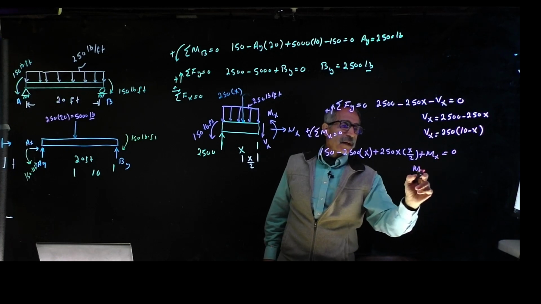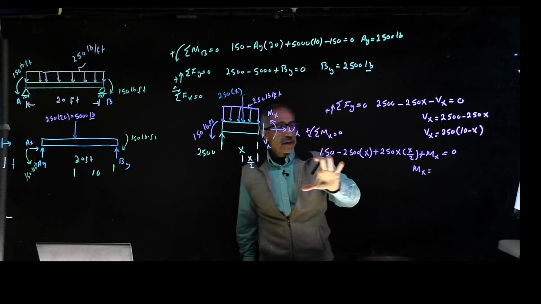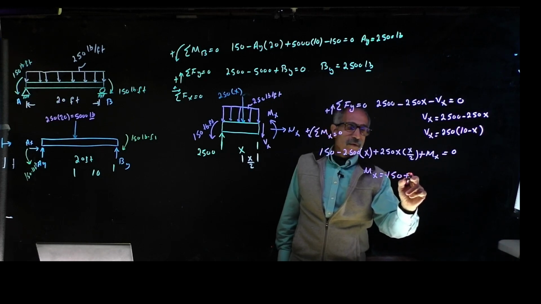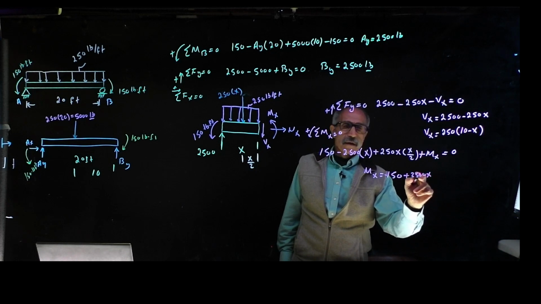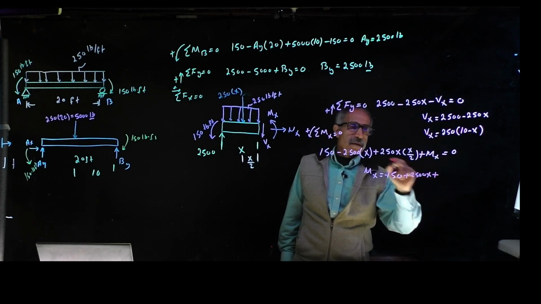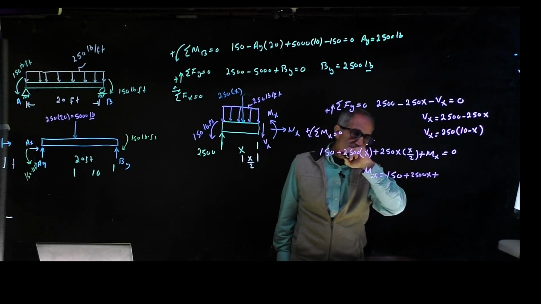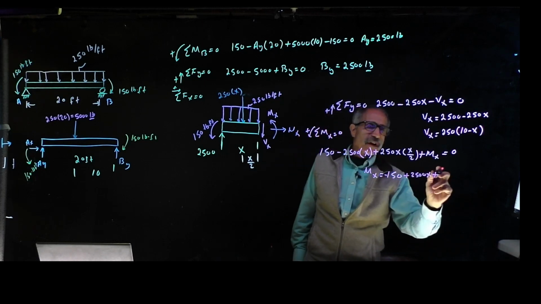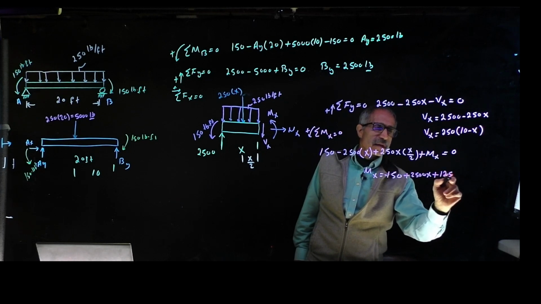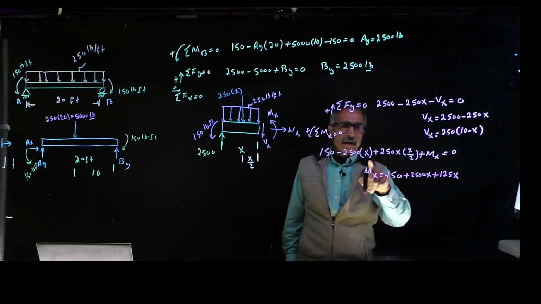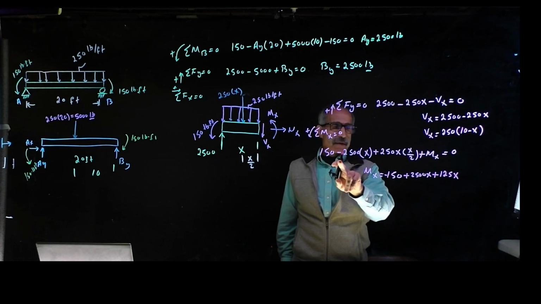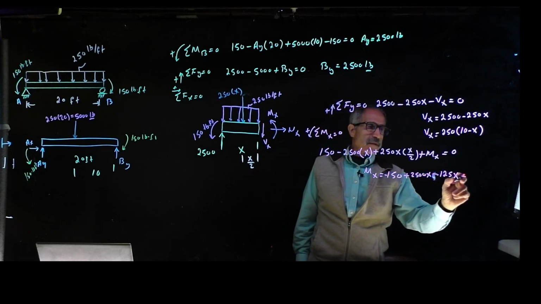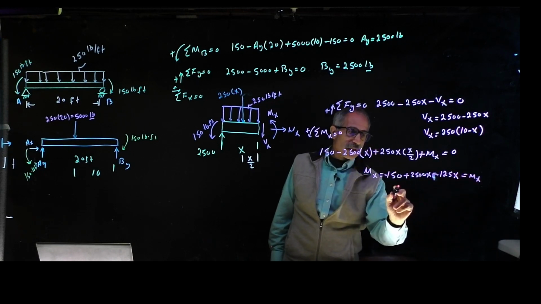And now our Mx comes out, if you simplify this, minus 150 plus 2,500x plus 250 divided by 2 is 125x squared. That's going to be negative, that's going to be positive, and that's going to be negative, equal to Mx. Or let's simplify it.